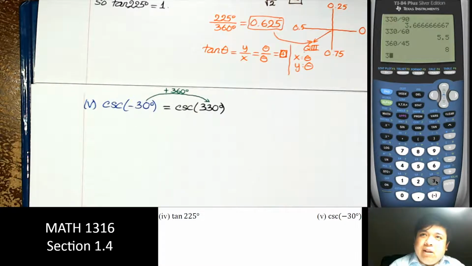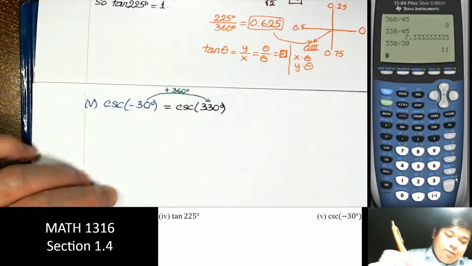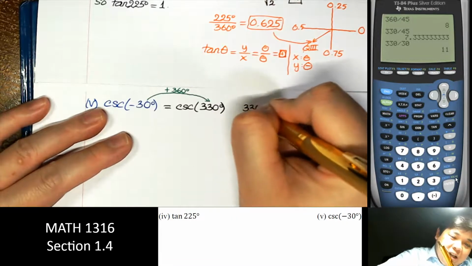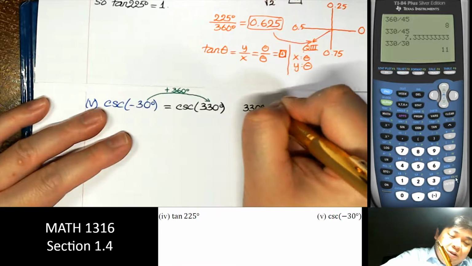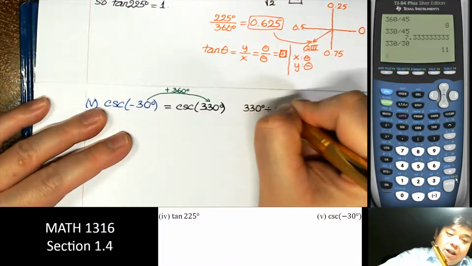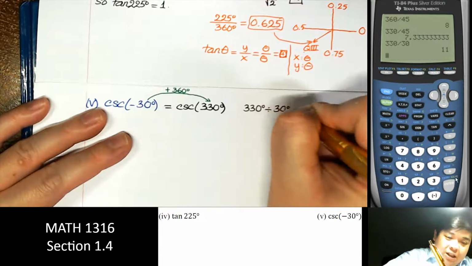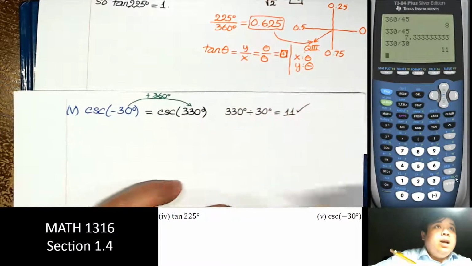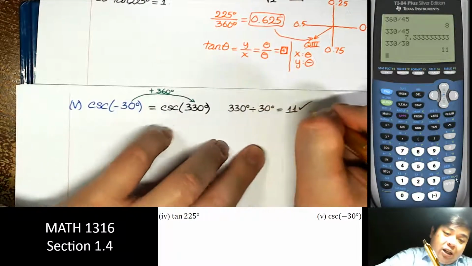I'm sorry, I mean 330 divided by 30, right? So we divide by 90, doesn't work. 60 doesn't work. 45 doesn't work. And now 330 divided by 30 is 11, evenly. So the reference angle is 30.